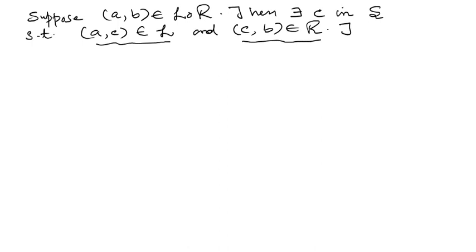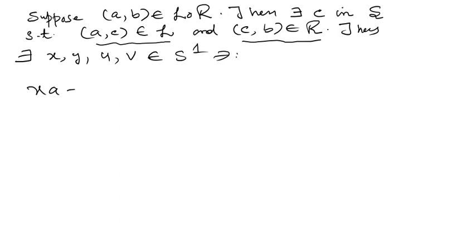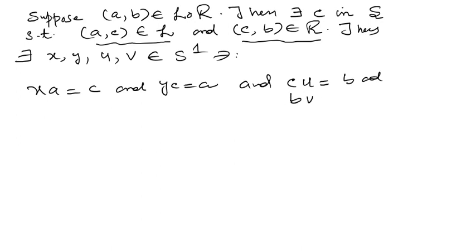So thus there exist two pairs, one for L and second for R. There exist XY, UV in S1 such that for L, XA is equal to C on the left side and YC is equal to A. And here we have U and V on the right side, so AU is equal to B and BV is equal to C.